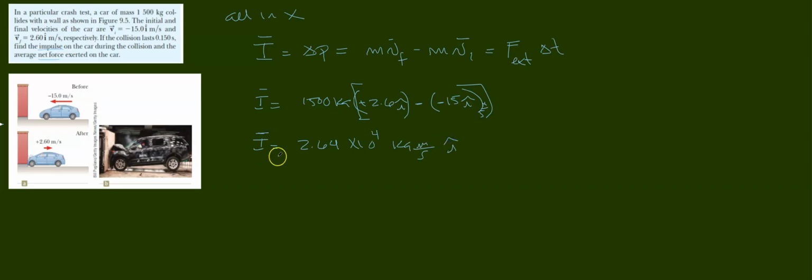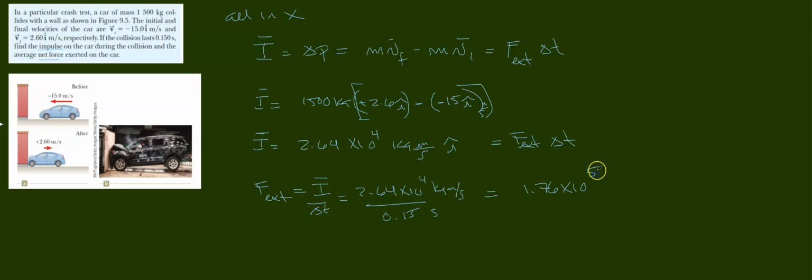So that's a vector, that's the impulse. If that is equal to the net force times time, then the net force exerted by the wall is the impulse over the time. So 2.64 times 10 to the 4 kilogram meters per second, divided by the time, 0.15. This gives us 1.76 times 10 to the 5 newtons, also in the i direction.